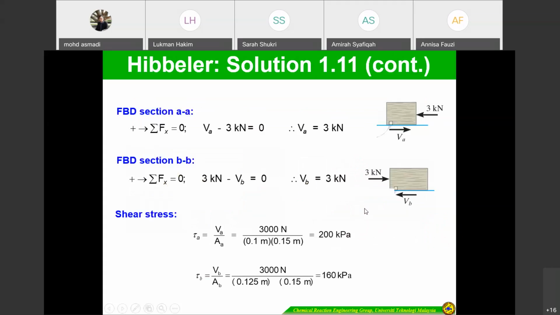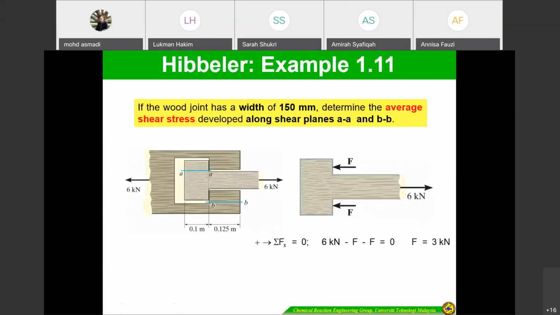And then we have to extract or isolate this one, for section AA as well as BB, since we already determined this one is equal to 3 kilonewtons. On the opposite side, the force is going to be similar, acting on the section BB as well as AA.